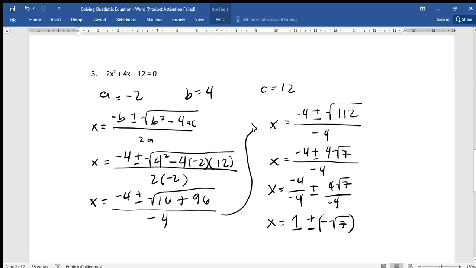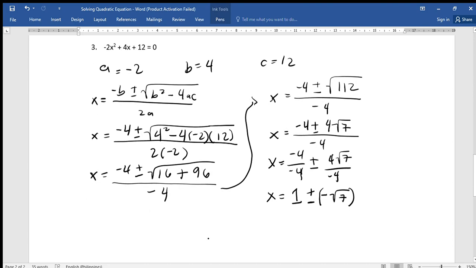So, pag sinulat natin yan sa solution set, 1 plus, yung plus muna. Positive times negative is negative square root of 7. So, yung kabila naman is 1. Negative times negative is positive. So, plus square root of 7.